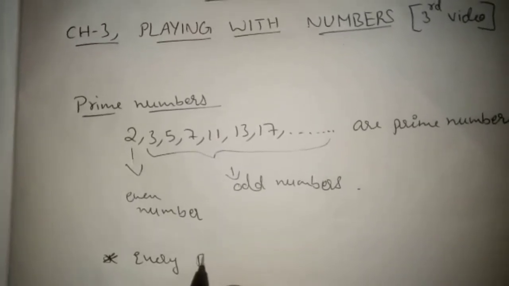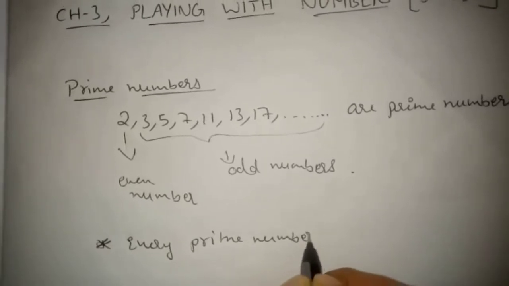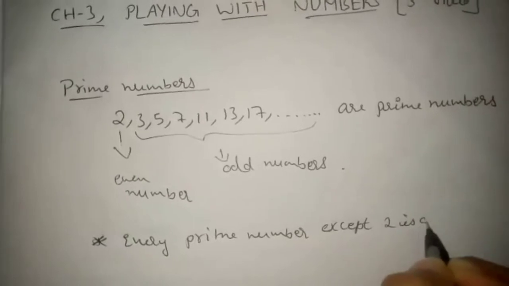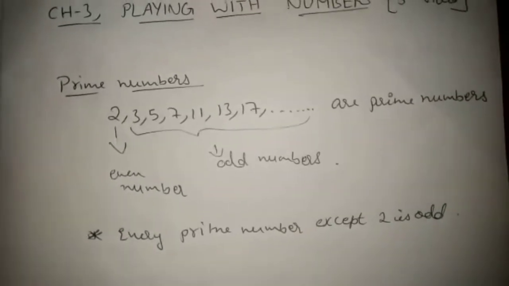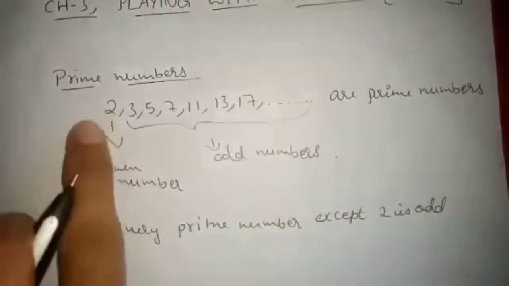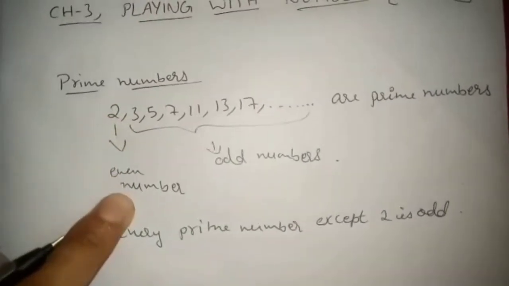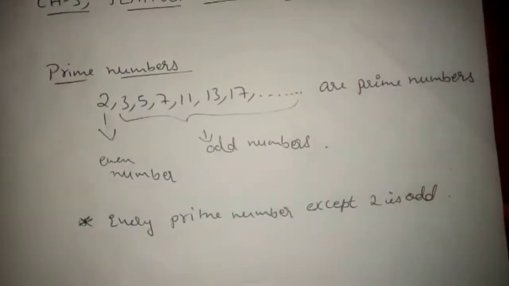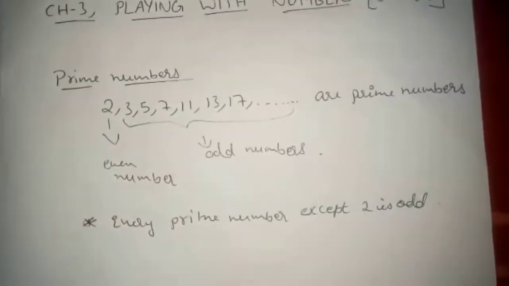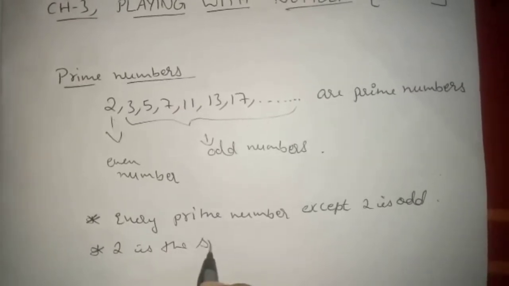Every prime number except 2 is odd. So in prime numbers, only 2 is the even number, and the rest are all odd numbers. And also, 2 is the smallest prime number, right? 2 is the smallest prime number.